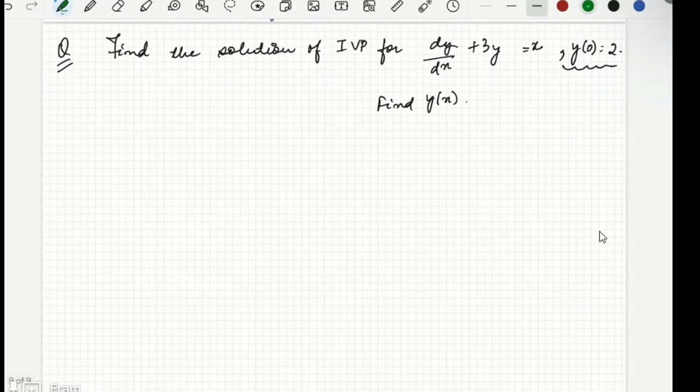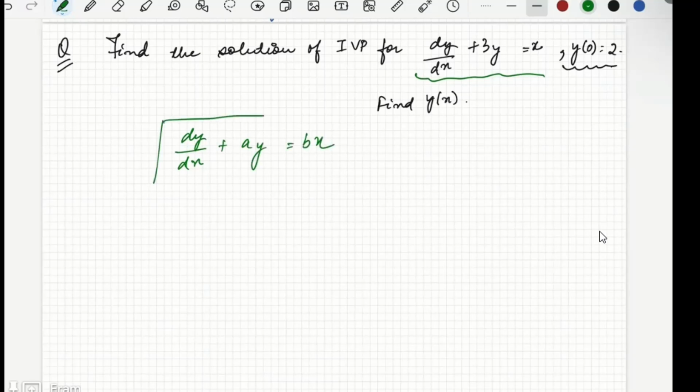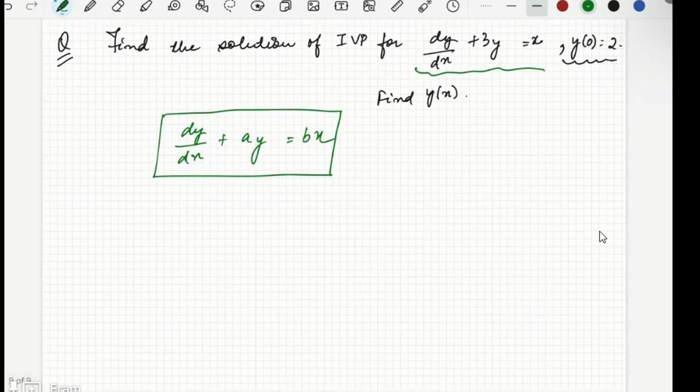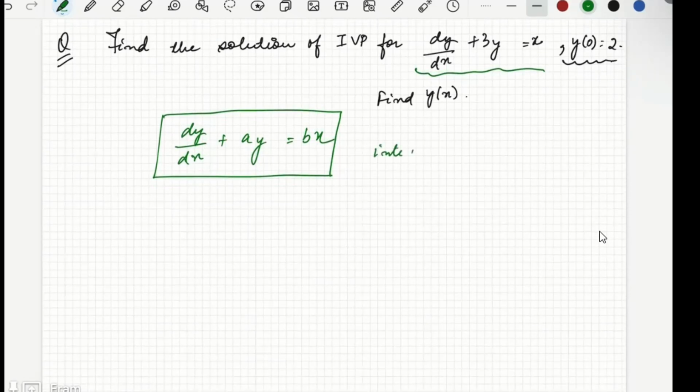Many of you from a mathematics background must know the general solution for this type of ODE. Suppose we have dy by dx plus ay equals bx. People from mathematics know very well how to solve these ODEs. We make use of integrating factors for solving these first order differential equations.